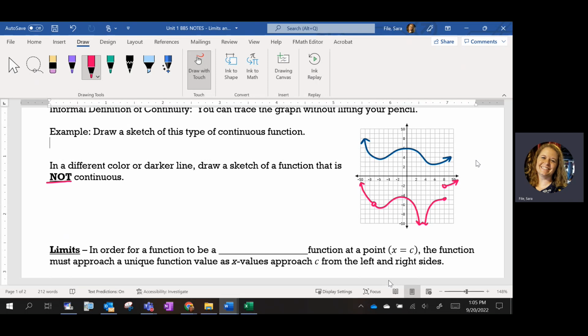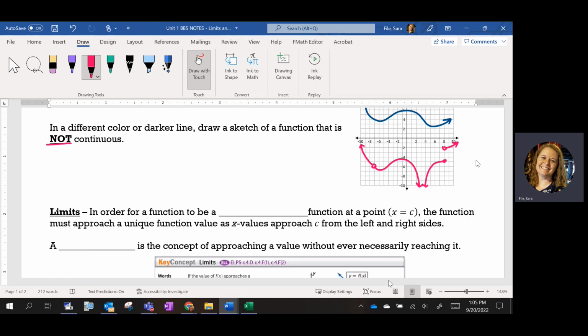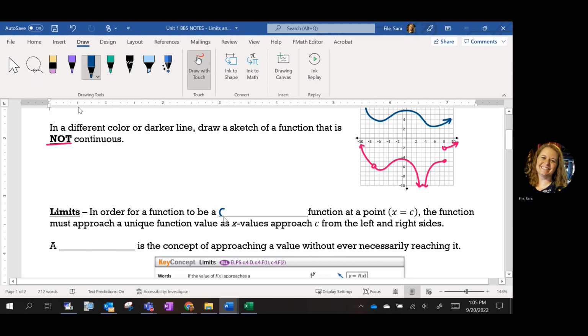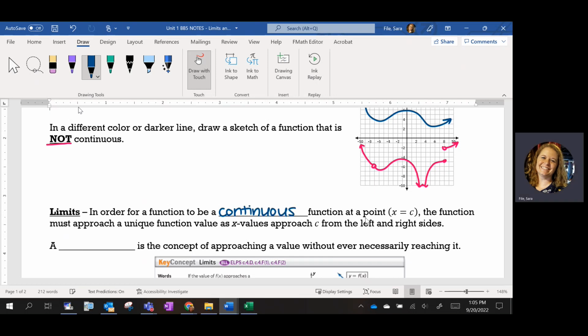Now, limits. In order for a function to be continuous at a given point, x equals c, the function must approach a unique function value as x values approach c, and it has to do this from the left and right sides.